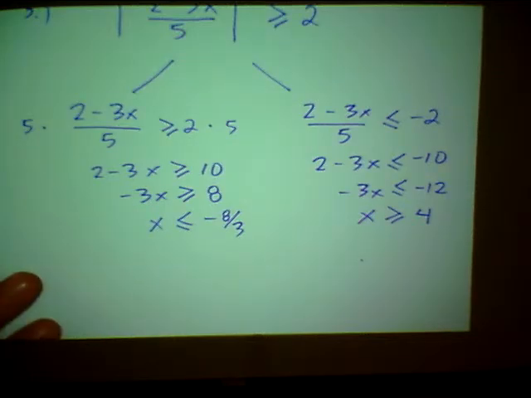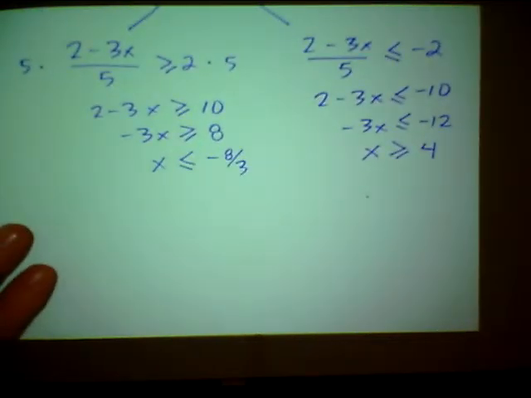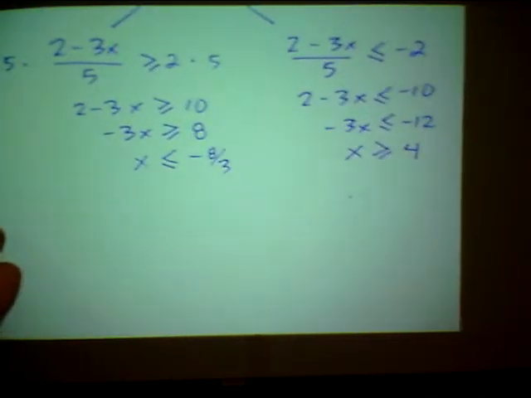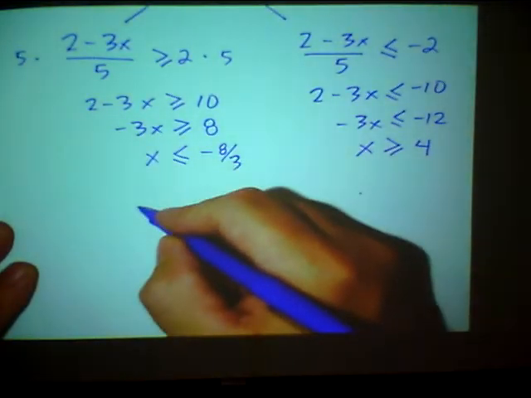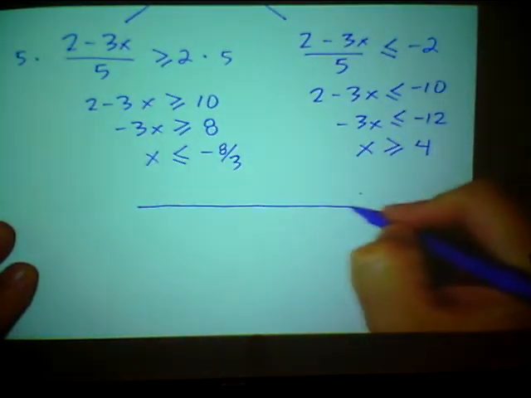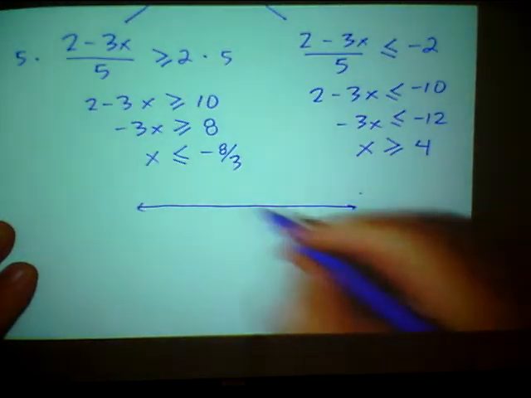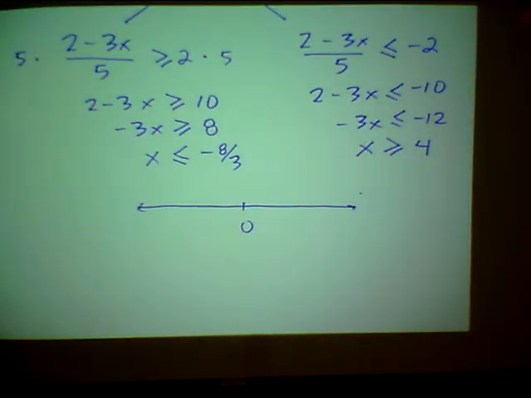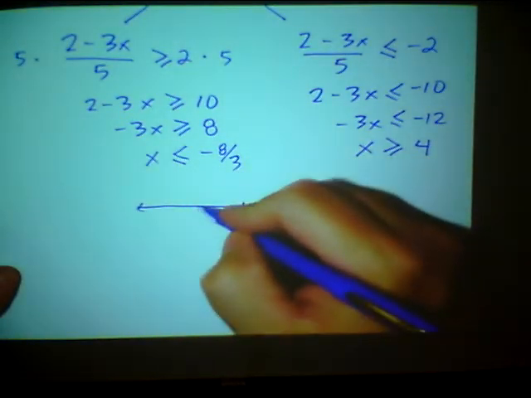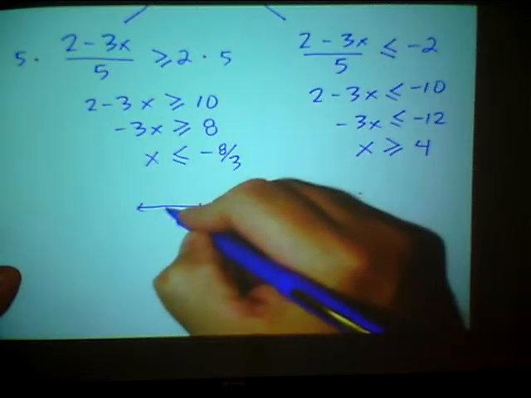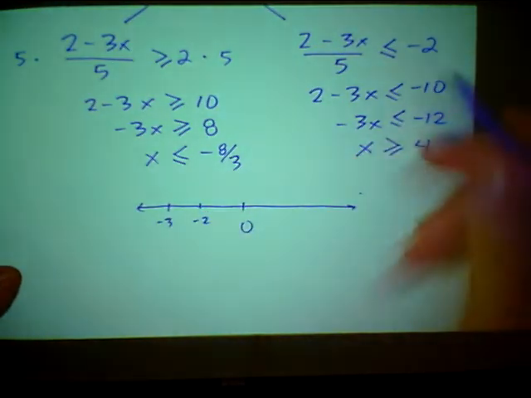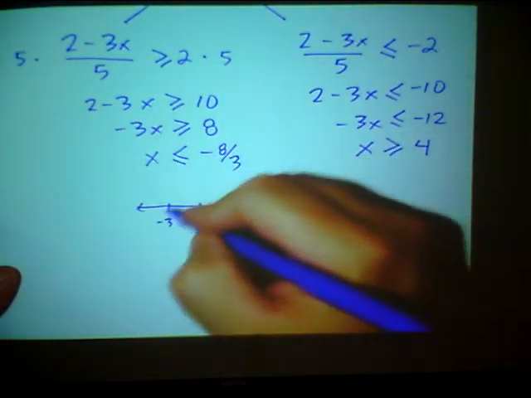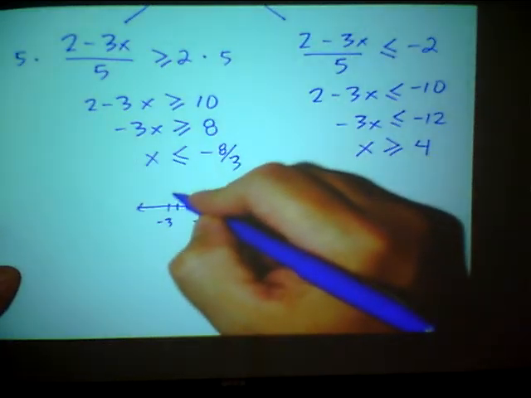So now I have my two inequalities. I'm now going to graph them on the same number line, and we'll see what we have. Now 8/3 is approximately 2 2/3. So really, if negative 2 is here and negative 3 is here, negative 8/3 is maybe right here.